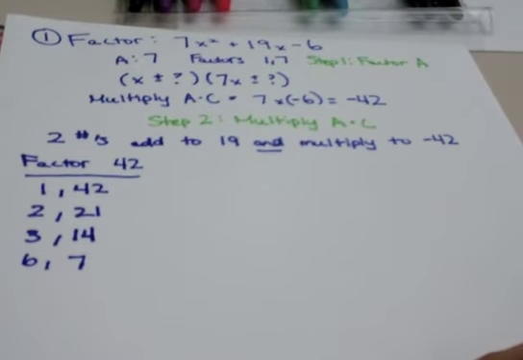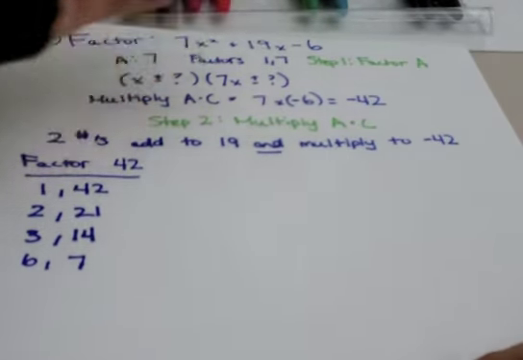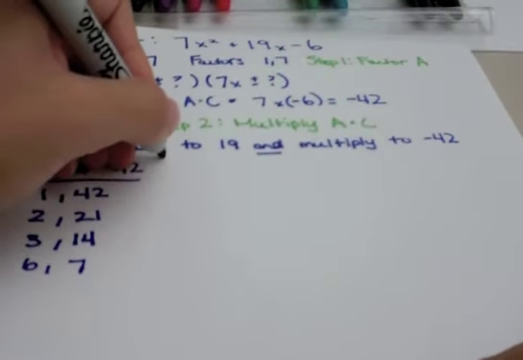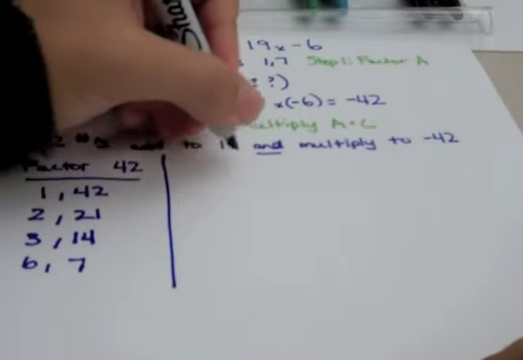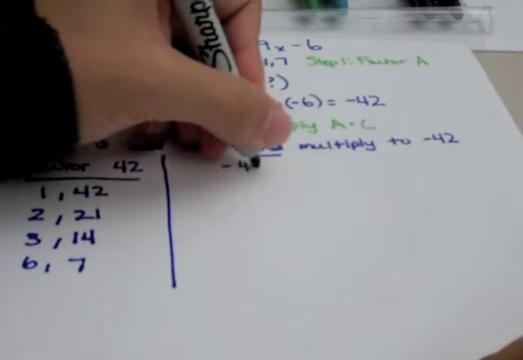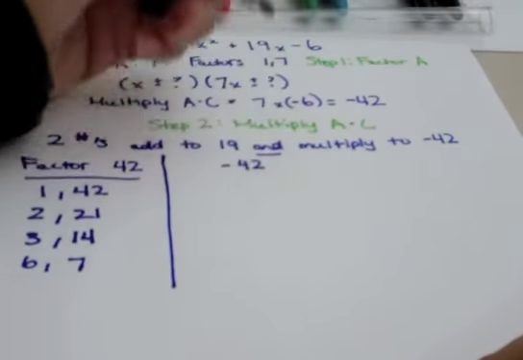So now that we have the factors of 42, we're looking for negative 42. So we need to set up our table of possible values that could make a product of negative 42.